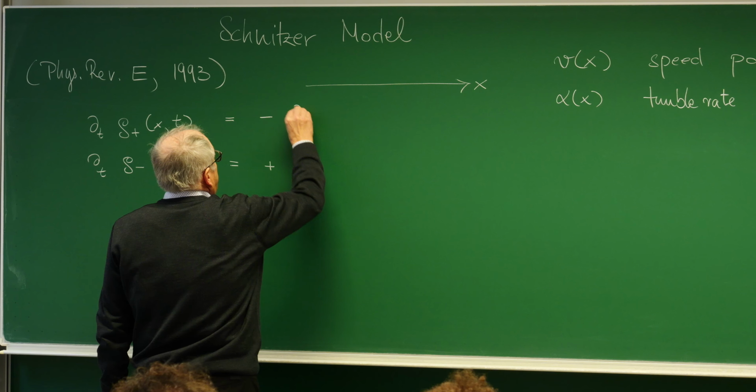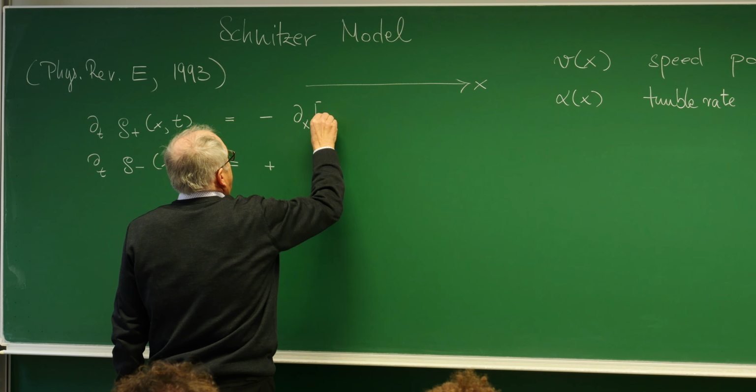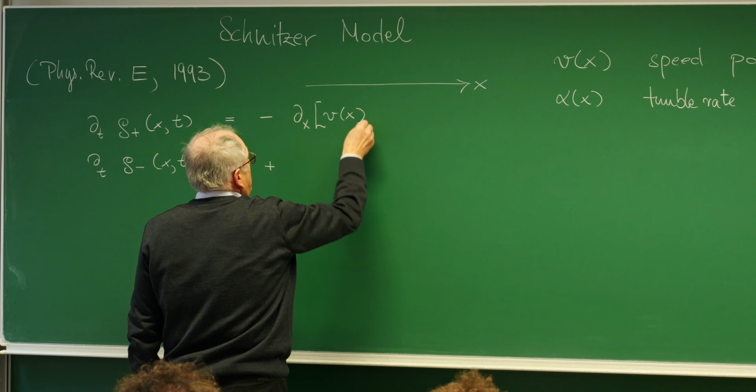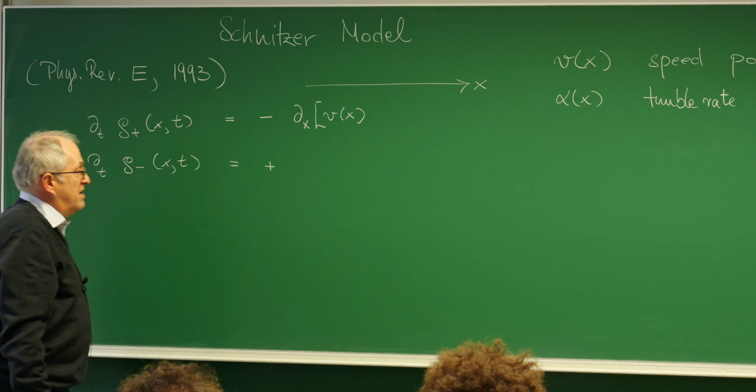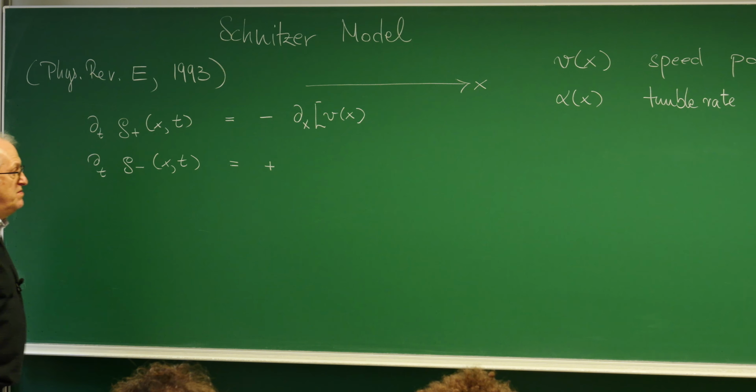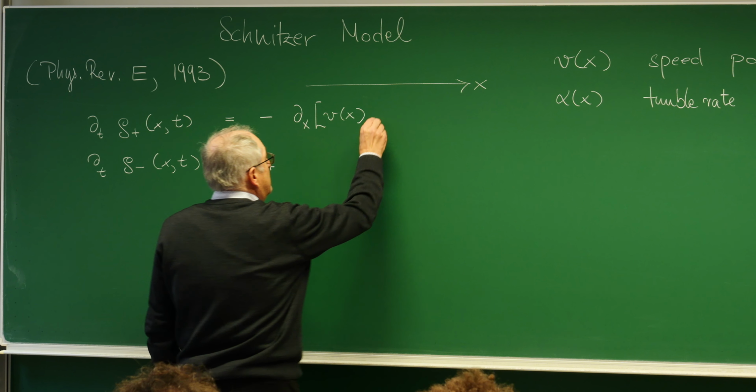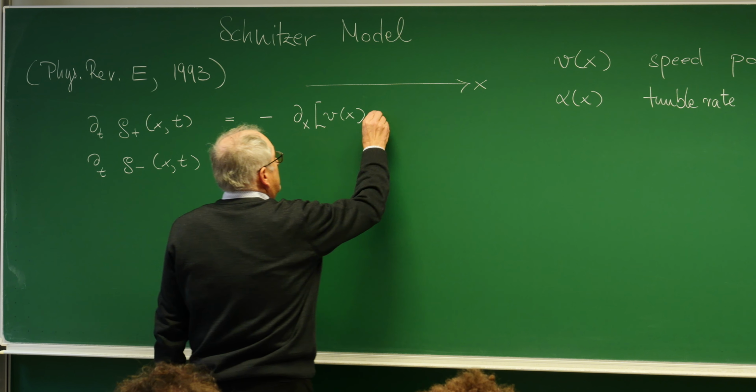The drift term now is a little different from before because our velocity has a position dependence: v of x, rho plus of x and t. And here it goes the other way around, into the minus direction, so I have to change the sign and get a drift term that's the velocity times rho minus.